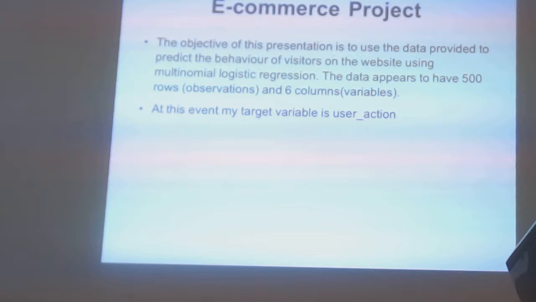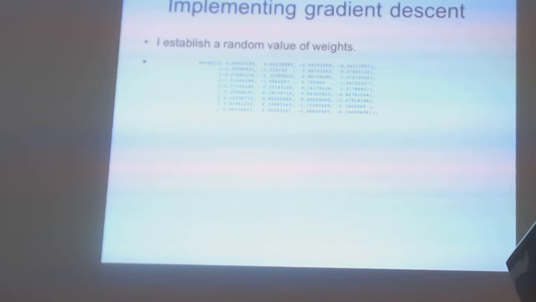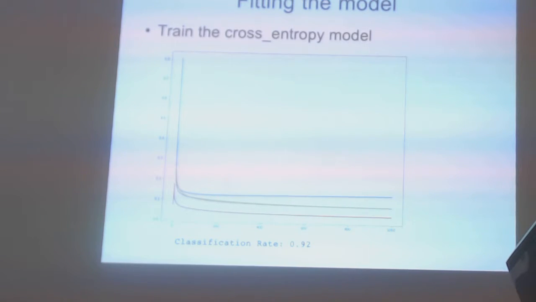For cross validation, I've done 60% for the training data, 20% for the validation, and again 20% for the test data. I've used random weights just to experiment for a better decision.